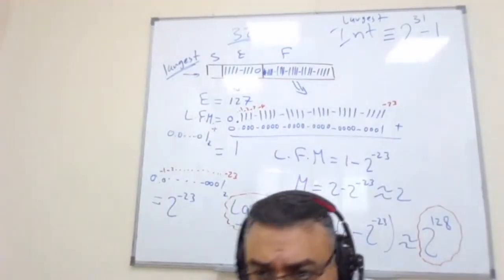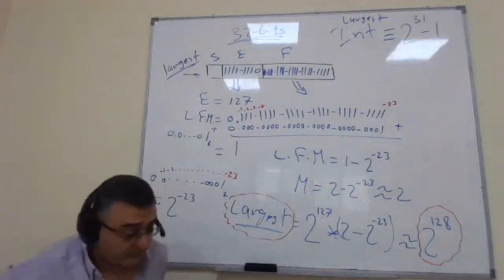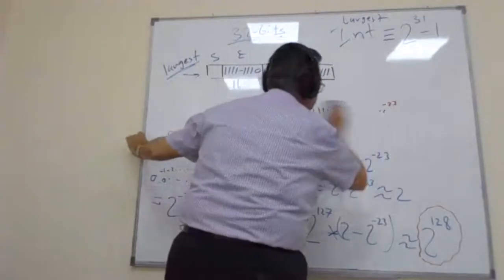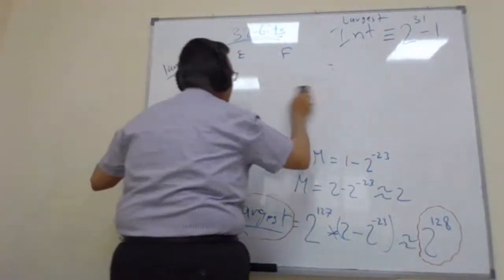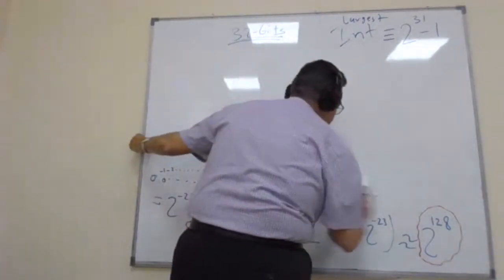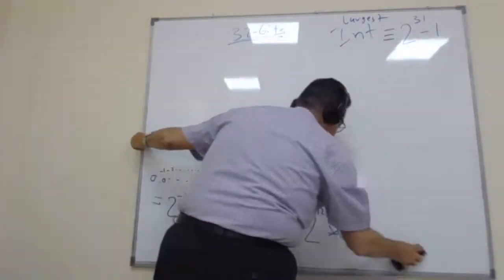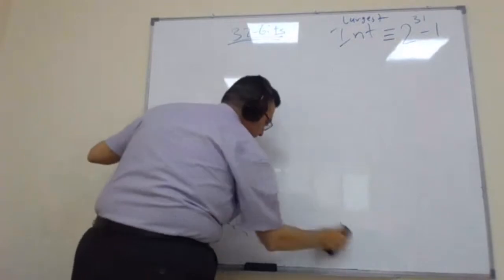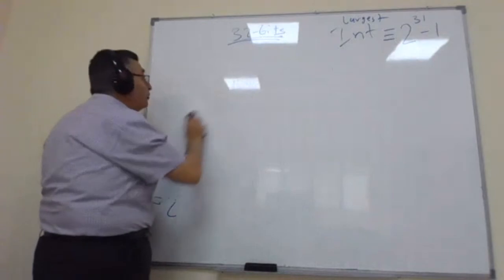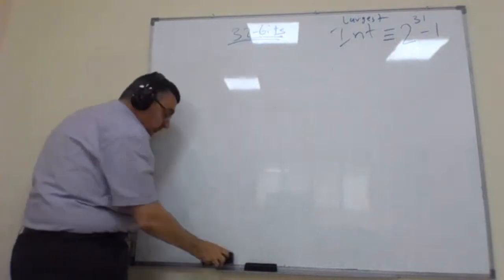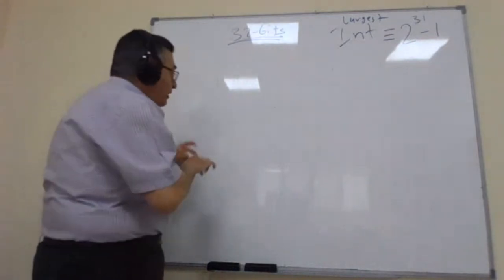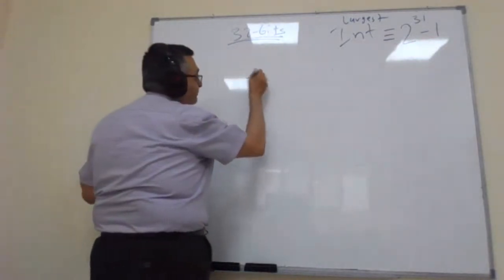Can you see my board? Now I wanted to demonstrate to you for this decimal example, how can I add the numbers?